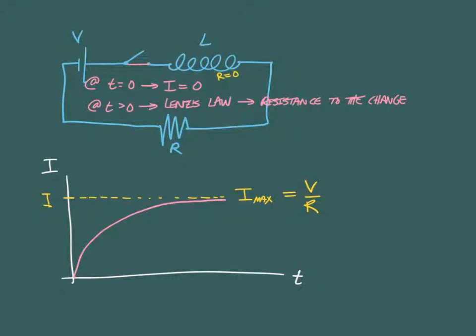So if I have a high inductance, that's going to slow things down, okay, so this will be a high value of inductance. But if I have a low value of inductance, okay, then it'll get to the max faster, right? Duh.